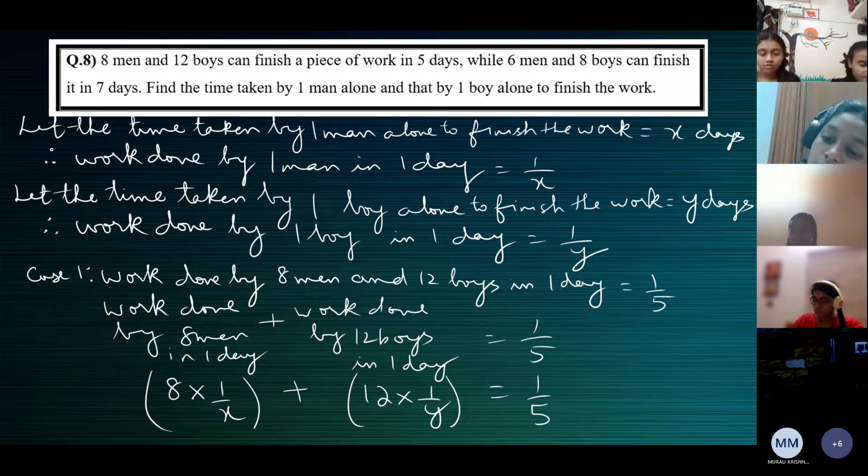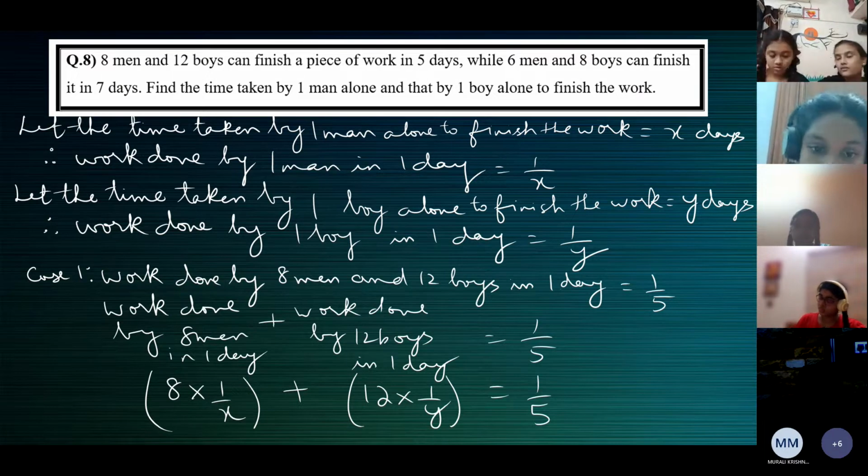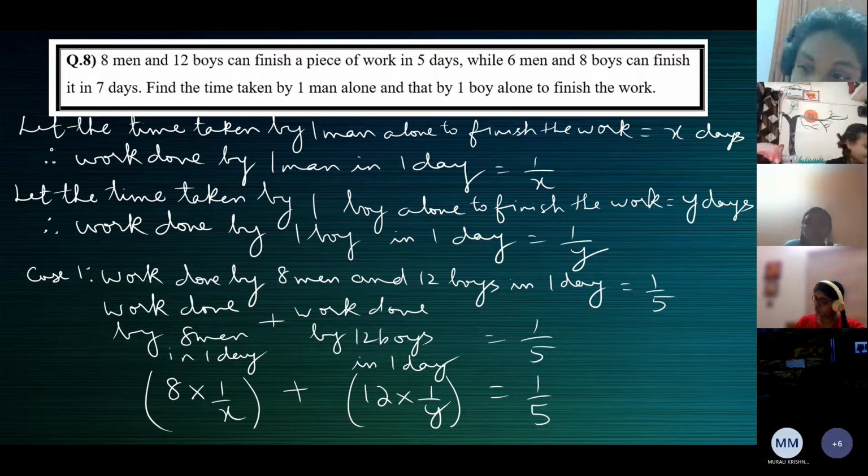Finish writing this, children. 8 by x plus 12 by y is equal to 1 by 5. The first equation.